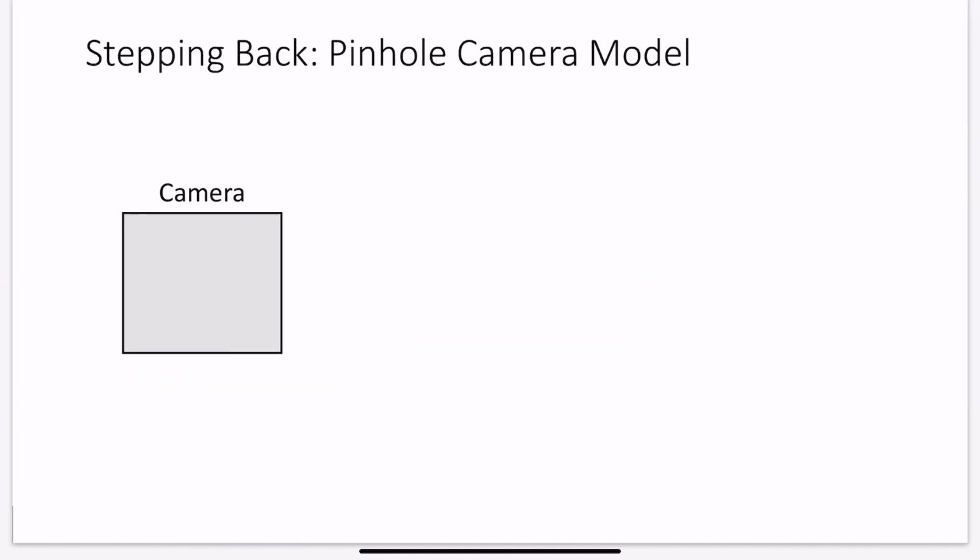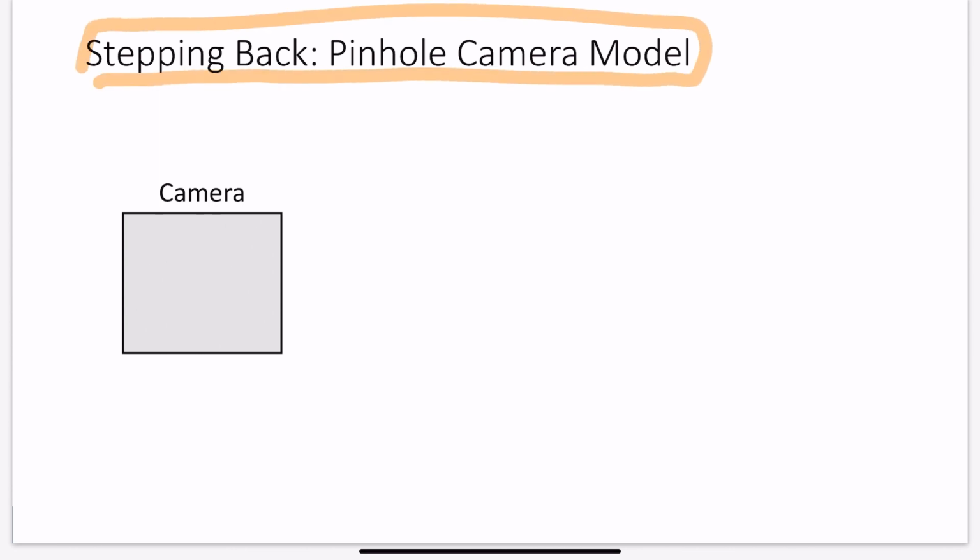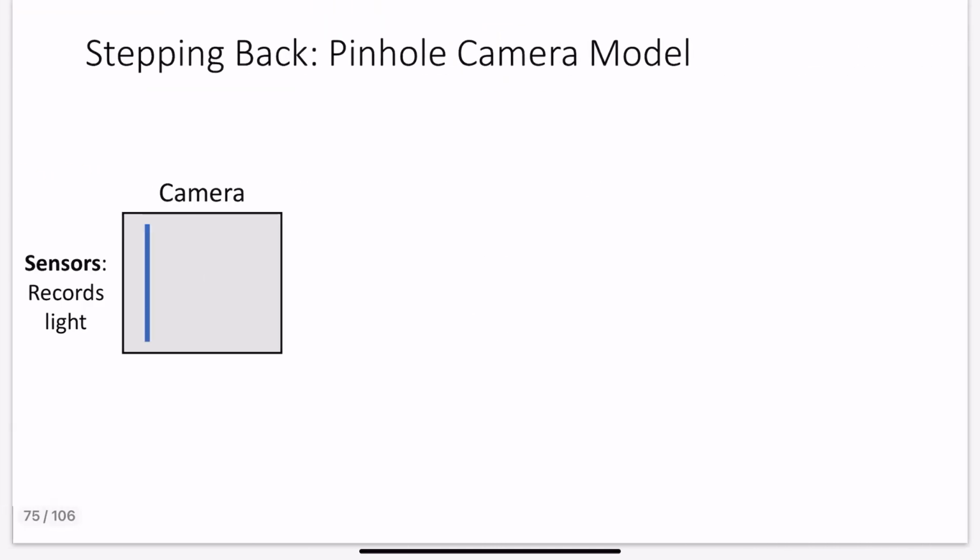To discuss the NeRF representation, let's step back to the pinhole camera model. Given a camera, for example, your sensor, for example CCD sensors, records the light at the end of the camera hardware.